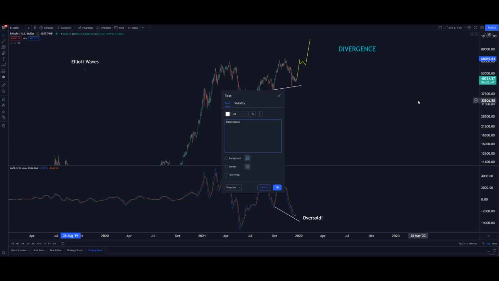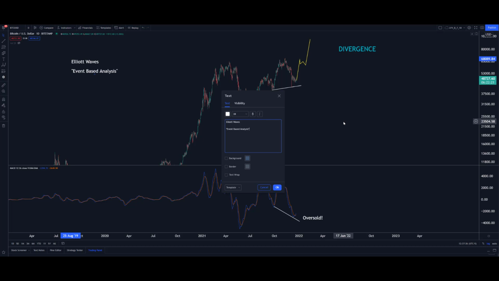And this other one is what I call event-based analysis. This is something that I use to augment Elliott waves. One of the weaknesses of Elliott waves is that it can be highly subjective on the count. I can say it's wave 3.